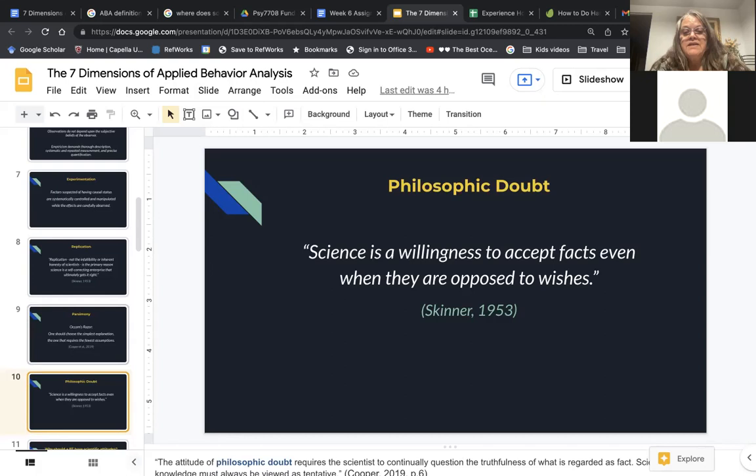Now, philosophic doubt is a willingness in science to accept facts, even when they are opposed to our wishes. So an attitude of philosophic doubt requires the scientist to continually question the truthfulness of what is regarded as fact.